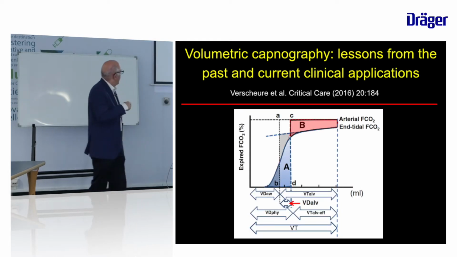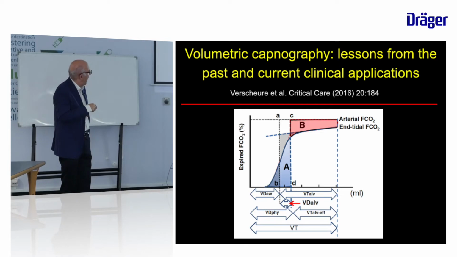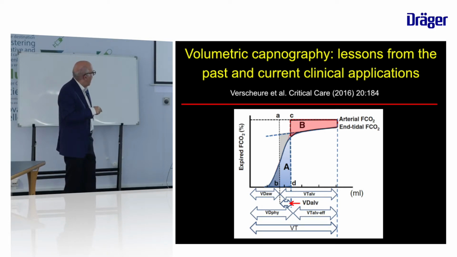So overall, if you have the expired CO2 and the volume, you can get information about the anatomical dead space, because you can measure automatically on the middle line of the expiratory CO2 here. You have information about the physiological dead space.